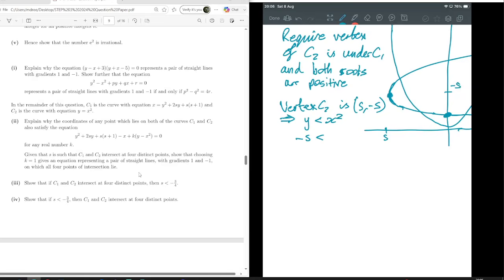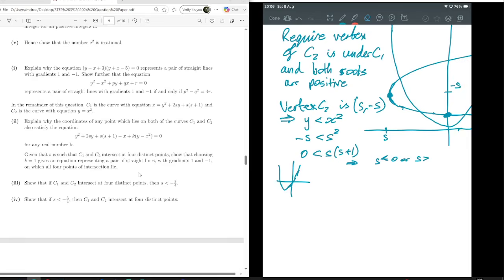So -s is less than s squared. That's quite a boring equation. That's going to give us the quadratic s plus 1. So that means that s is less than 0 or s is greater. Nope. We've got solutions of 0 and -1. And we want this quadratic to be positive, so s is greater than 0 or less than -1.